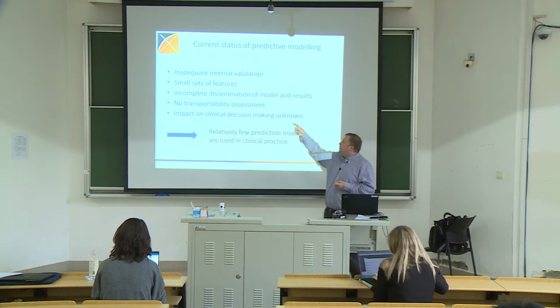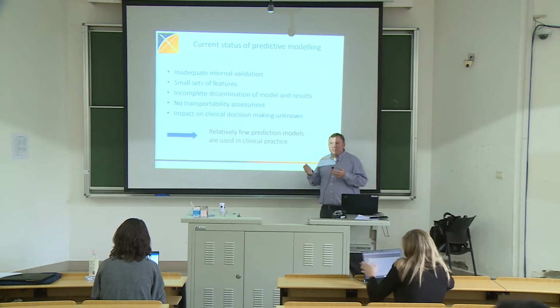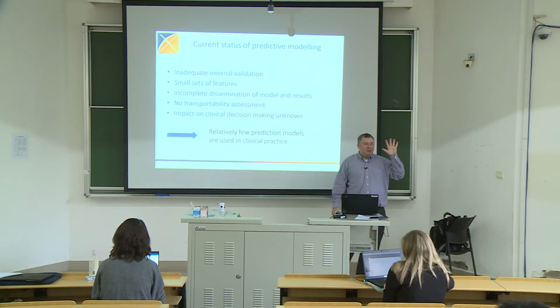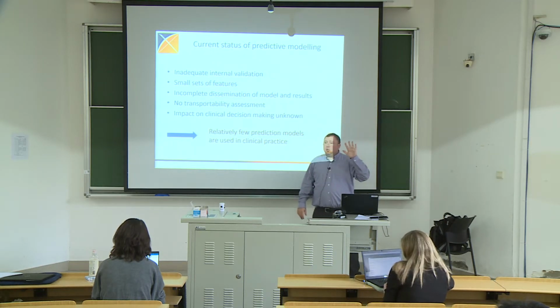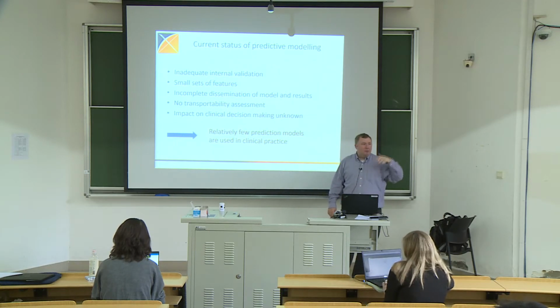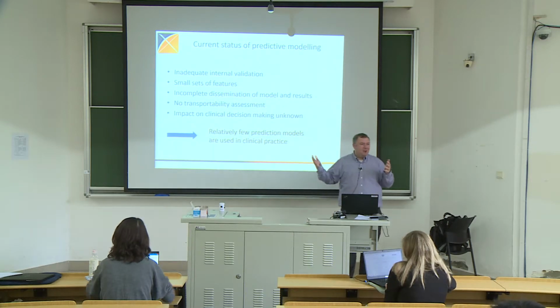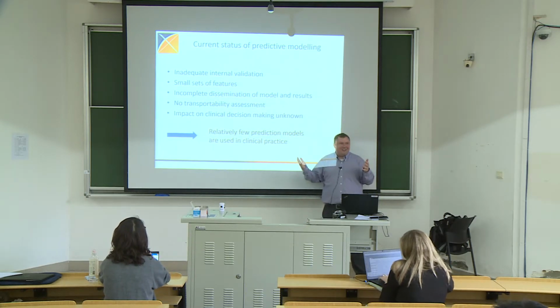The second problem that they highlight is that most studies use a small set of features. Just like the CHADS2 only picked 5 variables, and those 5 variables turn out to be a little bit better than guessing. But what if there were a different set of variables that would predict stroke even better?